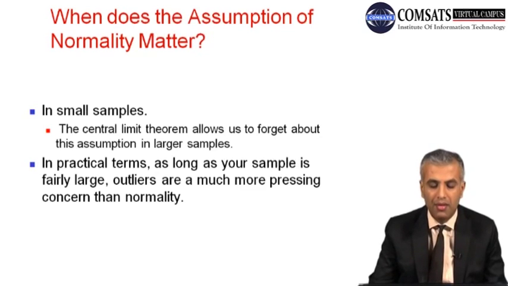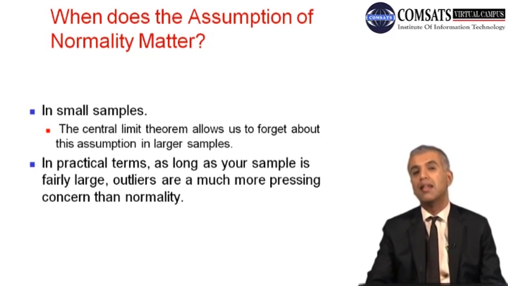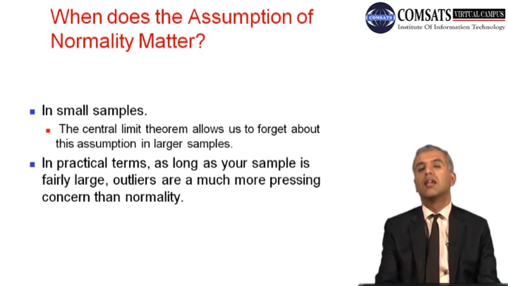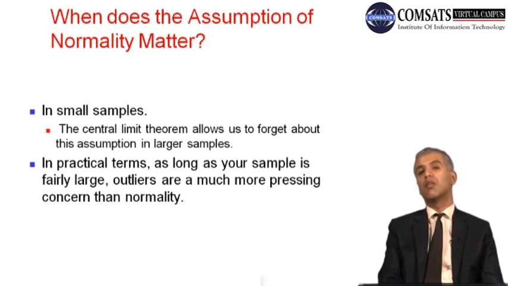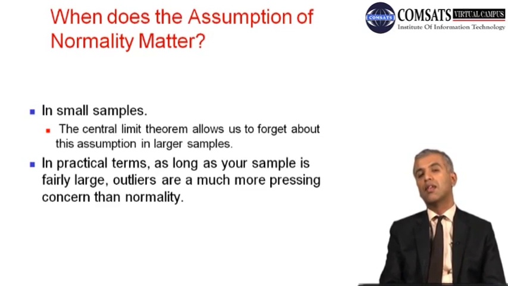Despite the central limit theorem saying that the distribution will be normal, the reason is that the larger the sample, the more our concern shifts to the outliers or abnormal values, because any extreme abnormal values, even in large samples, would affect your result.